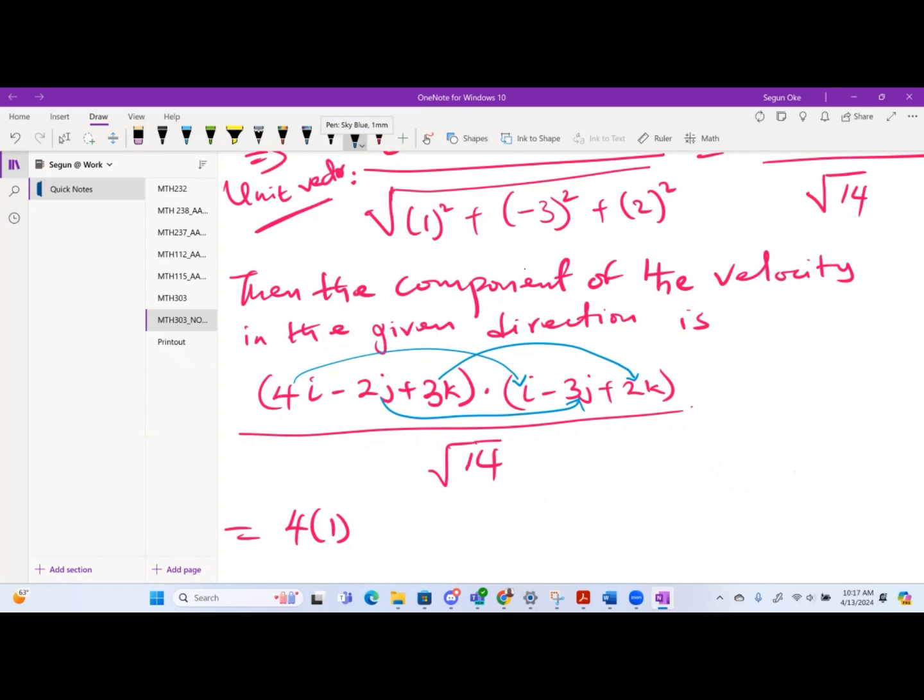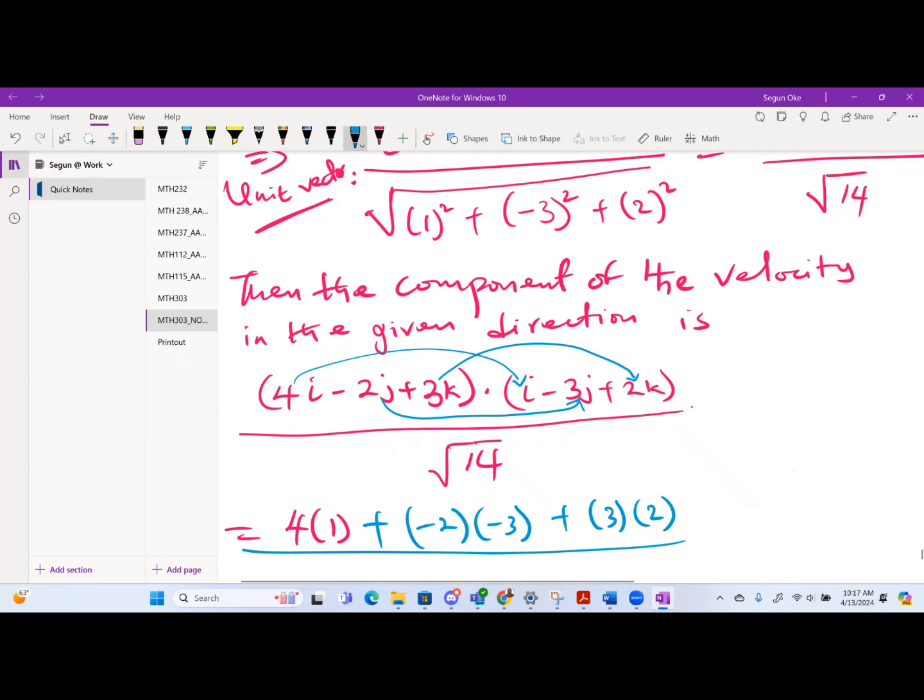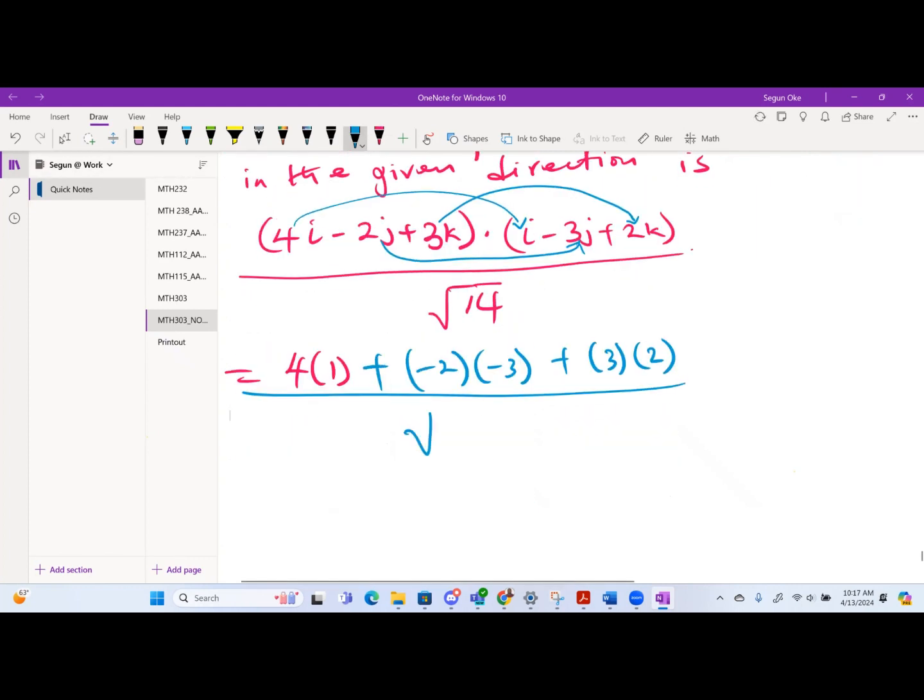Minus multiplied by minus will give you plus: minus 2 into minus 3, then plus 3 into 2, everything divided by the square root of 14. So let's add these together. What do we have? 4 plus 6 is 10, plus 6 is 16. 16 divided by the square root of 14.